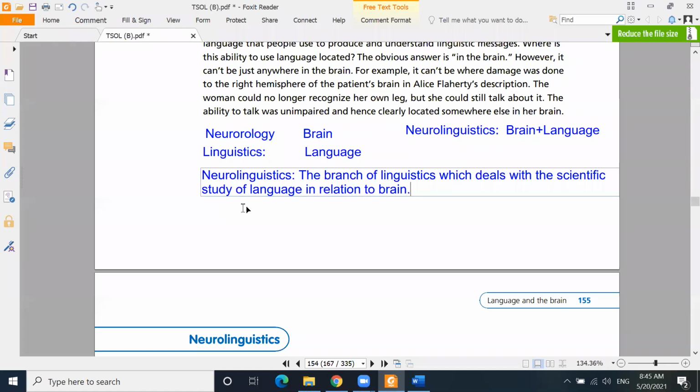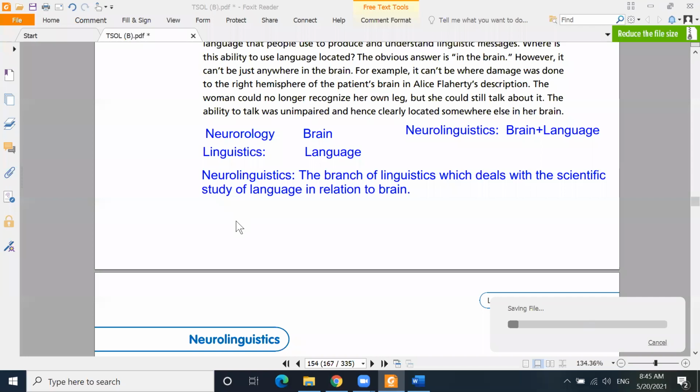The study of language in relation to brain, that is what we call neurolinguistics.